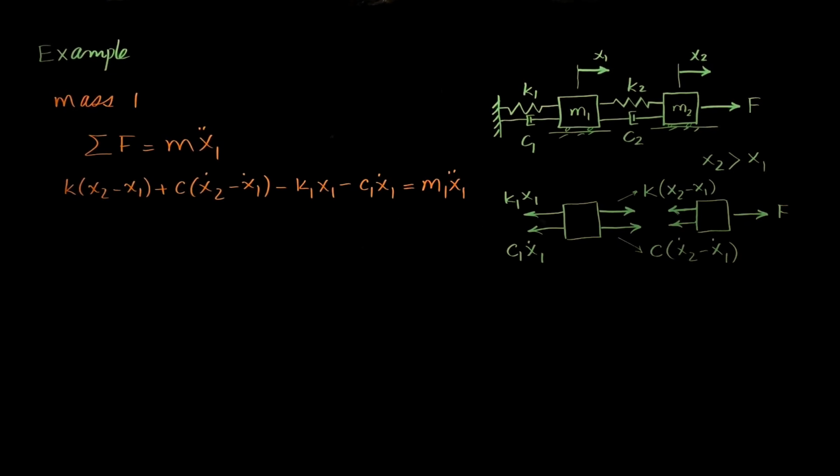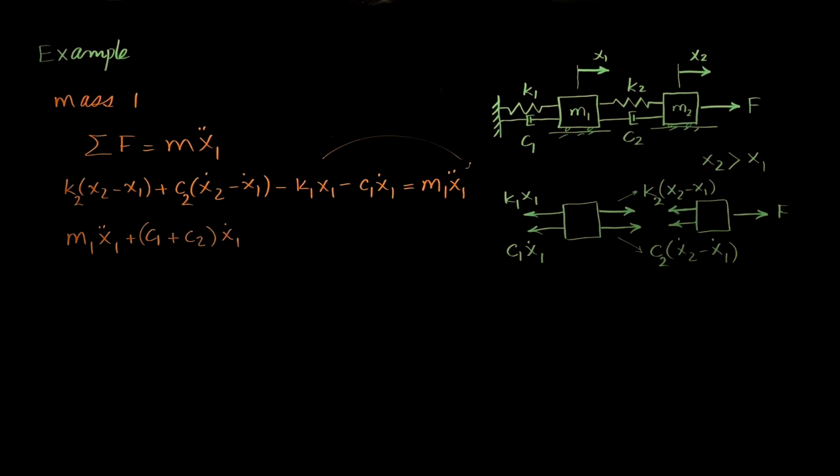Now, this K is actually K2, and this is C2. Rearranging the equation, M1 x1 double dot plus C1 x1 dot and C2 x1 dot, so this is plus C2 all times x1 dot.